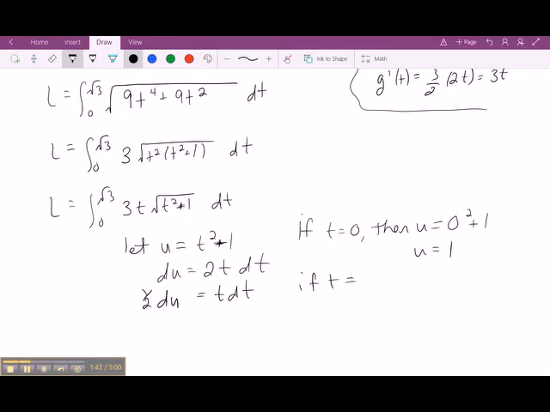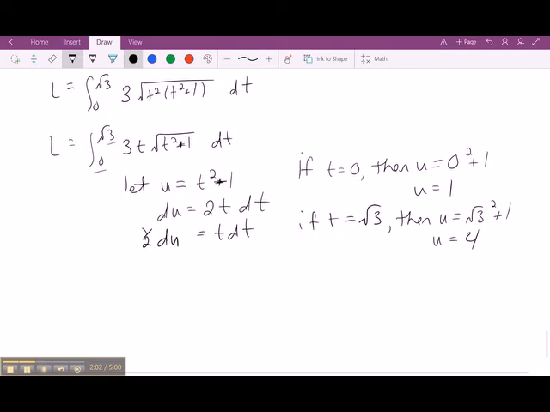And if t equals square root of 3, so I'm plugging in my 0 and my square root of 3, then u will be square root of 3 squared plus 1. So u will be 3 plus 1, which is 4. So my length integral then becomes not 0 to square root of 3, but 1 to 4.